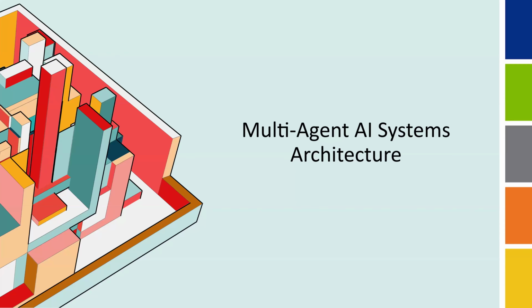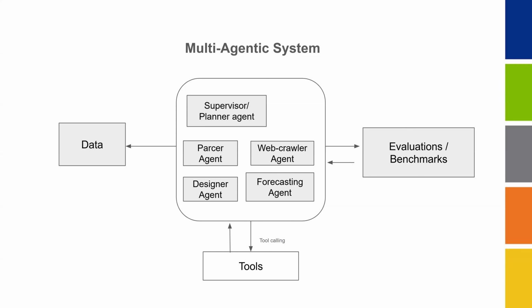Here is a multi-agent AI system architecture. Now, this is a very intermediate level architecture. There is another RL loop on the right-hand side if you are fine-tuning the existing language model as well. But on a high level, this is how a multi-agentic system looks, where there is one supervisor or planner agent who decides which task needs to be assigned to which other agent.